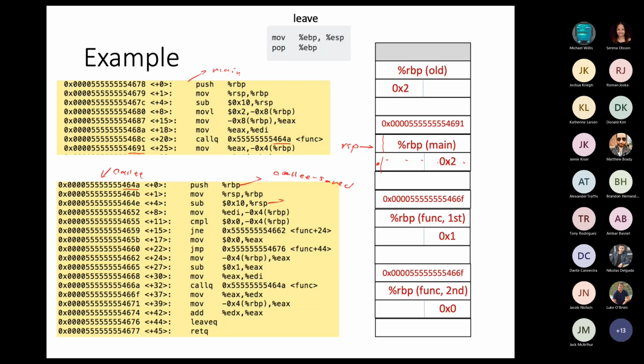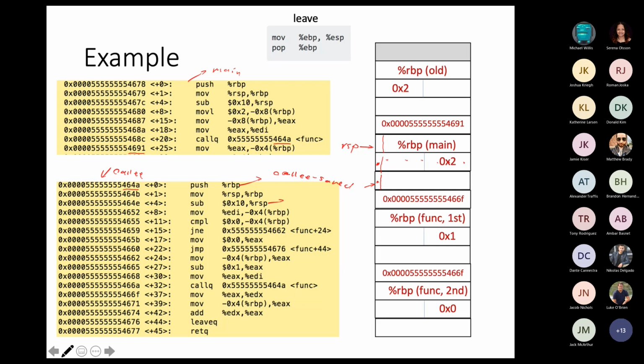And if we want RSP minus 16, we come to here. This should be RSP minus 16. So after subtracting 10 from RSP, the outcome is that we actually move the RSP to the place right here.